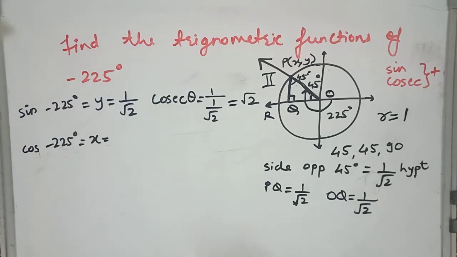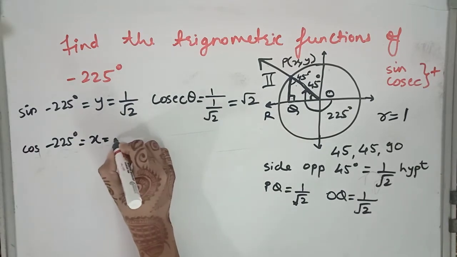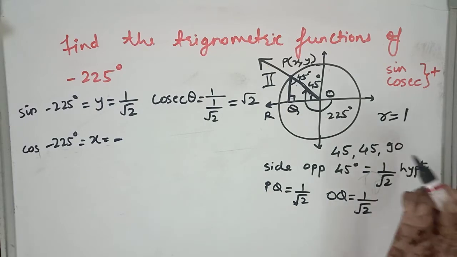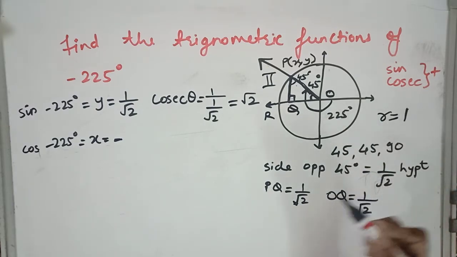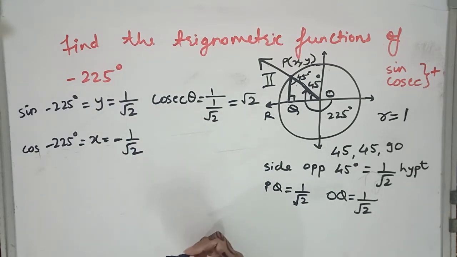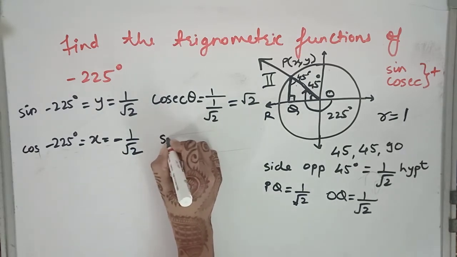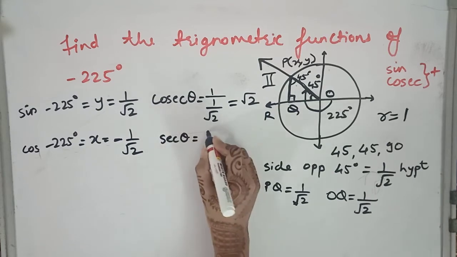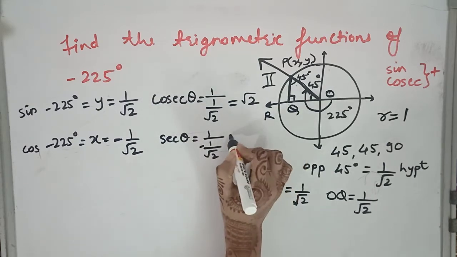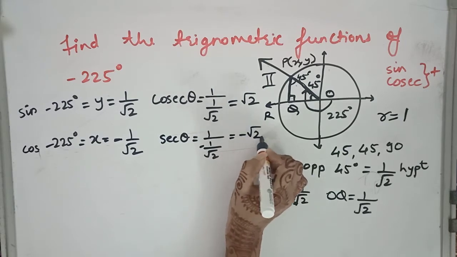Now cos theta will be negative in the second quadrant, so we'll consider this as minus, that is 1 upon root 2, minus 1 upon root 2. Sec is the inverse of cos theta, so 1 upon minus 1 upon root 2, which will be equal to minus root 2.